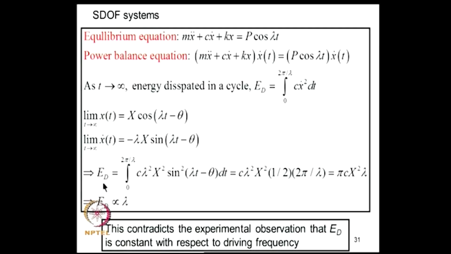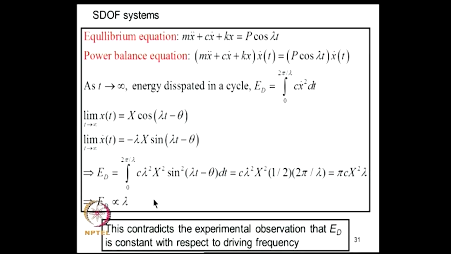From this we observe that the energy dissipated in a cycle is proportional to the driving frequency according to the viscous damping model. But in experimental work it is observed that this is not true. The energy dissipated per cycle remains constant with respect to the driving frequency. So, the viscous damping model does not capture what is experimentally observed in an acceptable manner.